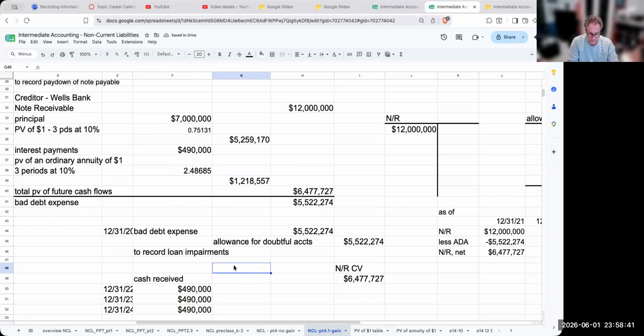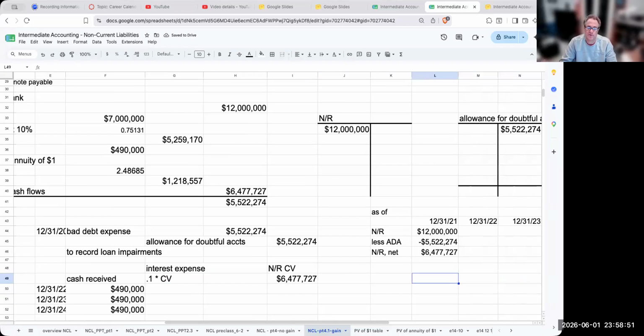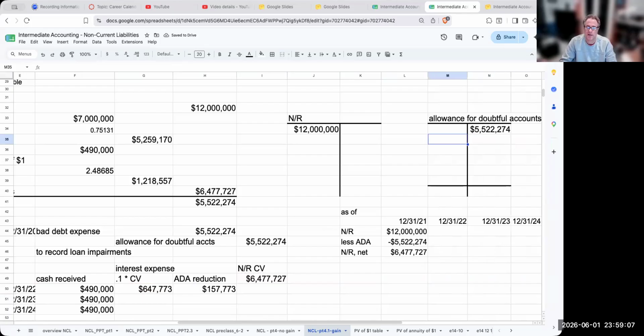My interest is going to be my old interest rate times the carrying value, and then the difference is going to go to the ADA reduction. So my interest expense is going to be this amount times 10%. So my allowance for doubtful accounts reduction for the first period at 12/31/22.